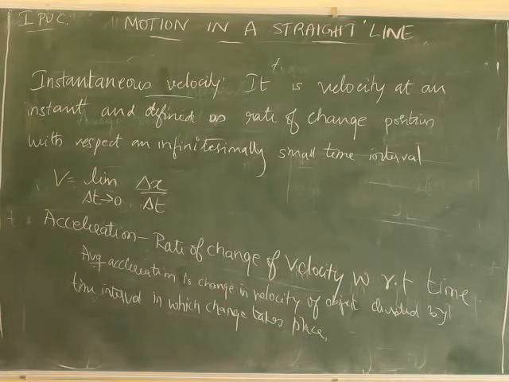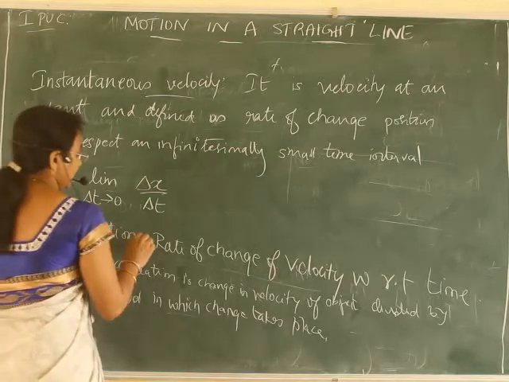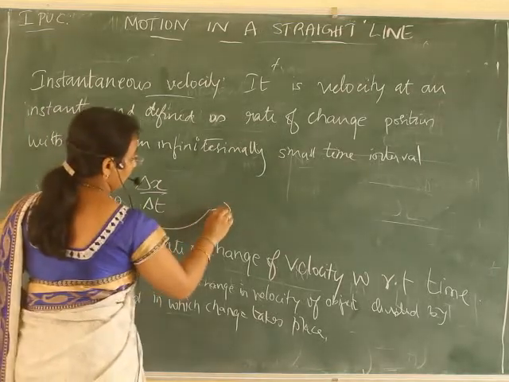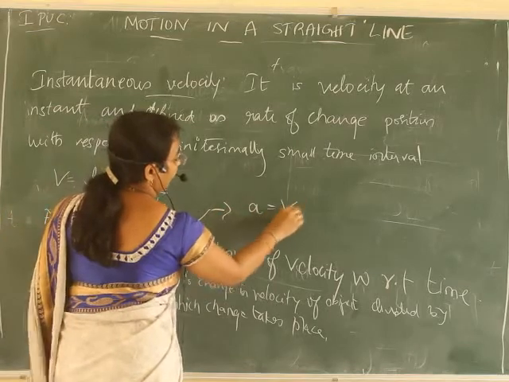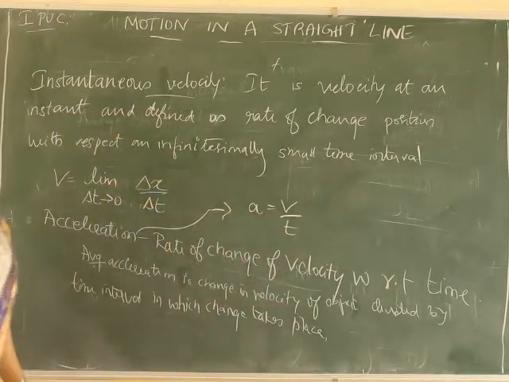Okay. Now, when we speak about acceleration, it is given by the letter A. A is equal to acceleration, V velocity, rate of change of velocity with respect to time.